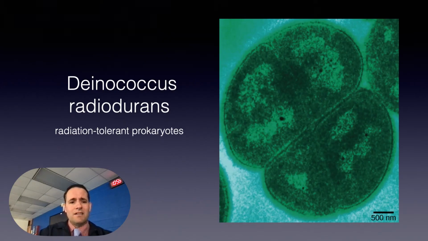Now, this is a radiation-tolerant prokaryote. Okay. Here it's a picture visualized in the false color transmission electron micrograph. It's a prokaryote that can tolerate very high doses of ionizing radiation.